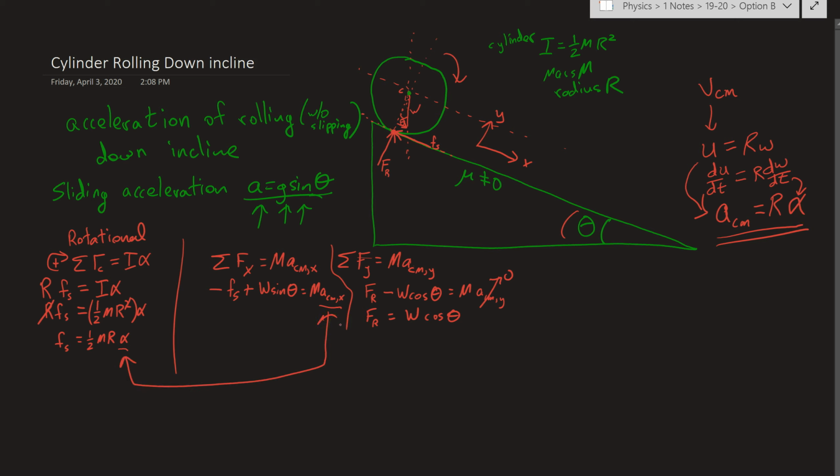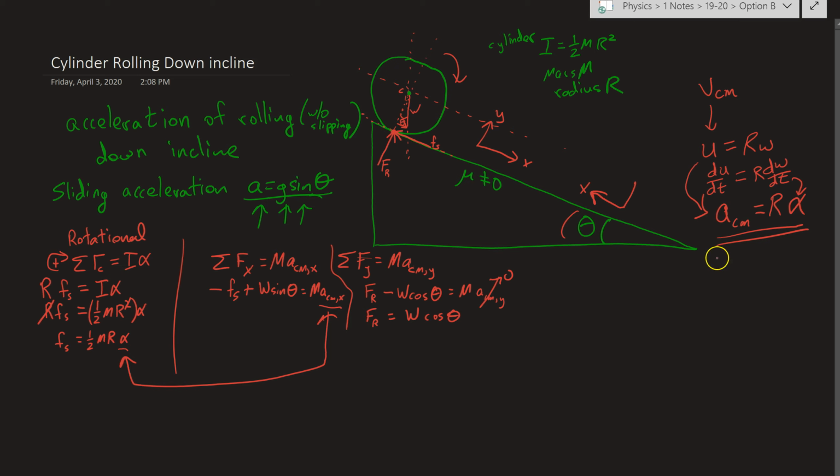And the only tricky part about this is you have to pay attention to directions. Because I chose x down the ramp as positive, and because I chose clockwise as positive, and because this object is doing those things, I'm not going to fall into any traps. But depending on how you pick your axes, like if I had picked x up the ramp as positive, then this equation would not technically be true, because an acceleration up the ramp would not equal an angular acceleration clockwise.